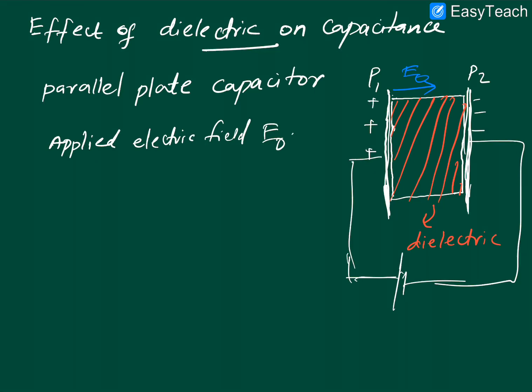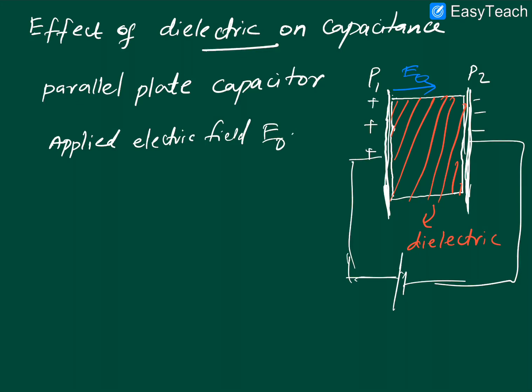When you are placing your dielectric in this electric field, what actually happens? Dielectric is also a material, so there will be electrons. You are placing that dielectric material in an electric field, and in that case the electrons in the dielectric will get attracted towards the positive plate, isn't it? Because electrons are negatively charged.